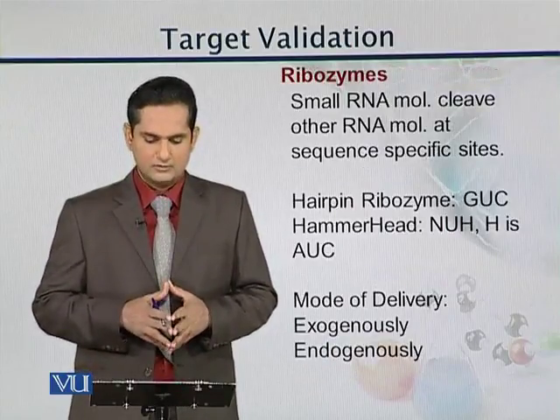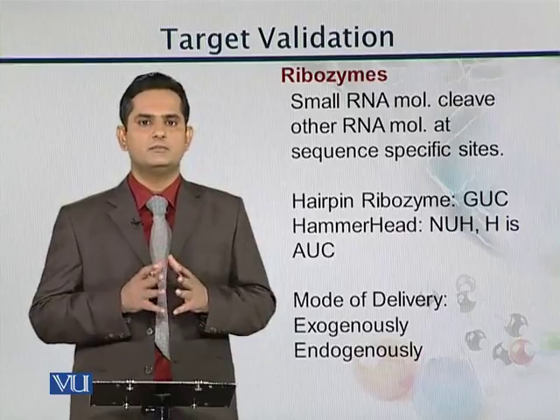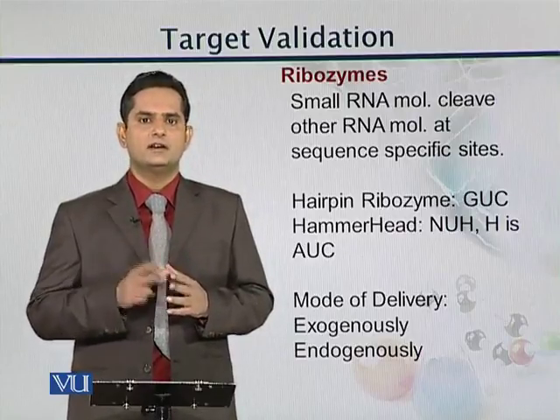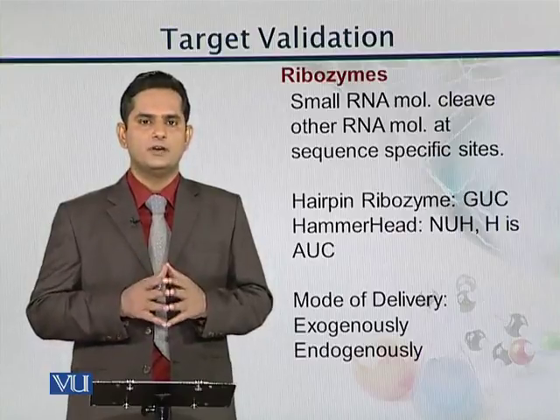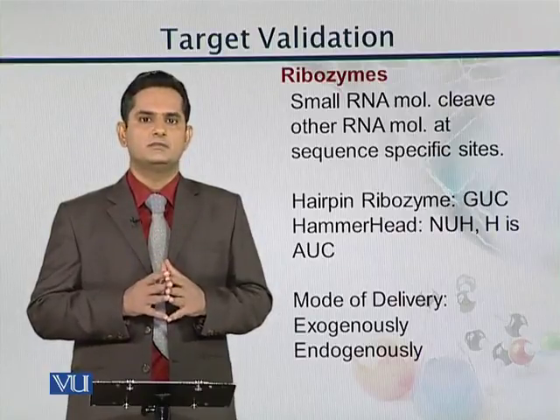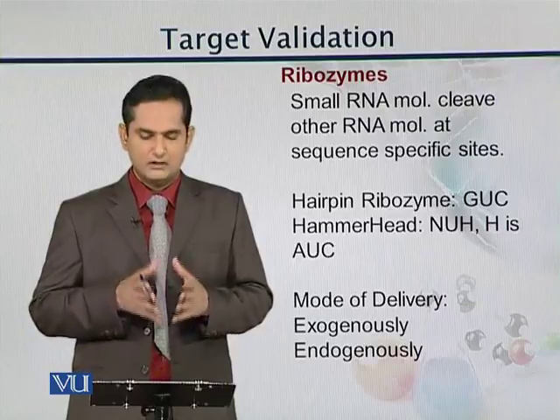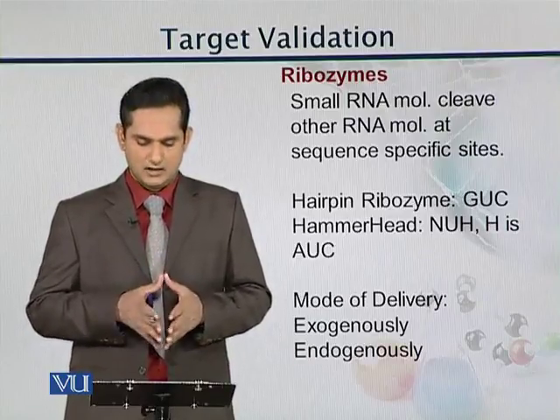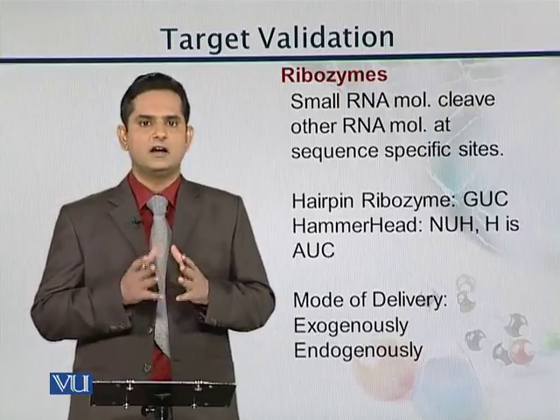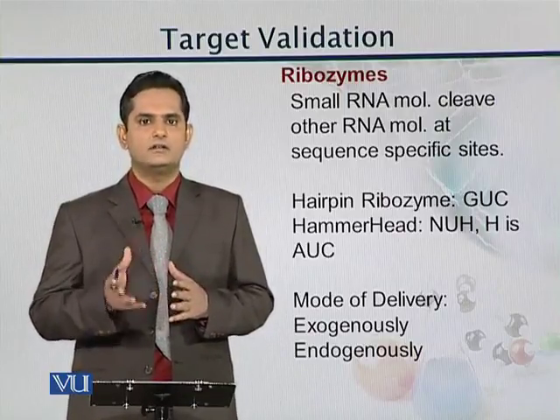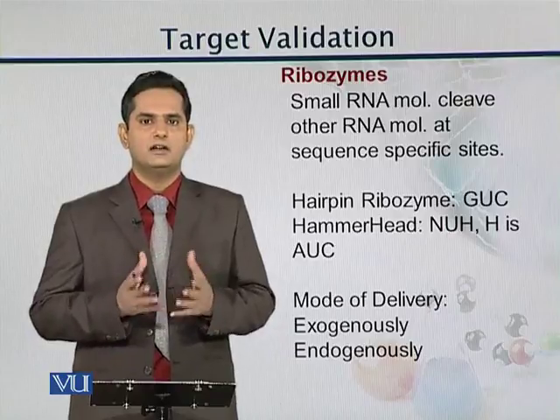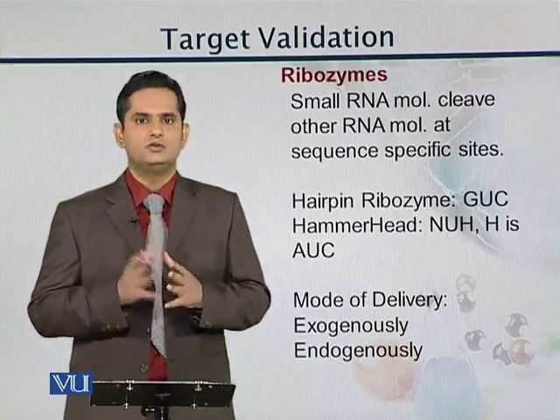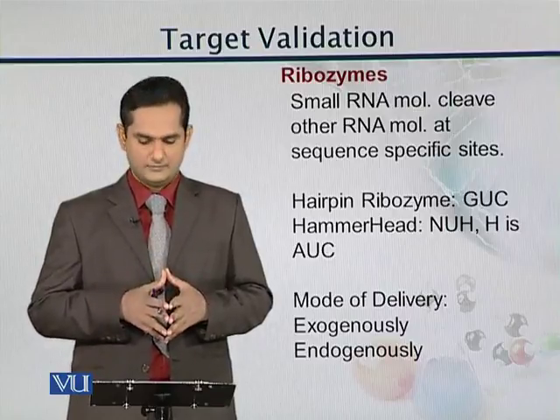Then we have ribozymes. Ribozyme technology is based on an RNA mechanism. As I said, the previous approach was stopping the translation mechanism. Ribozymes basically stop the transcription mechanism; we have RNA molecules that will cleave other small molecules or RNA molecules which are not useful for any organism.